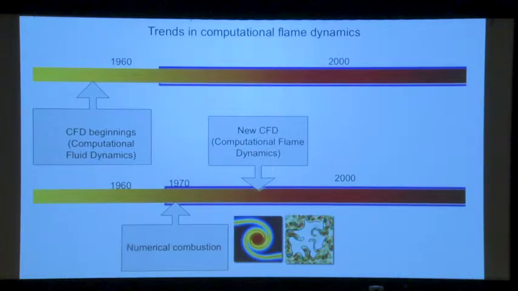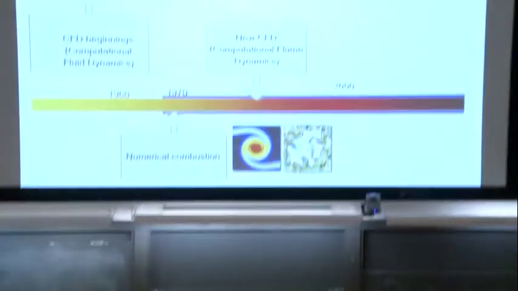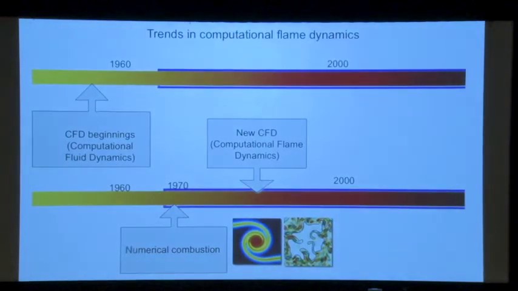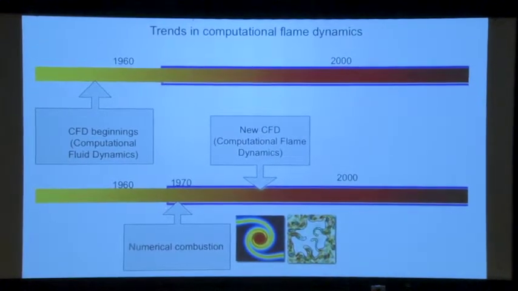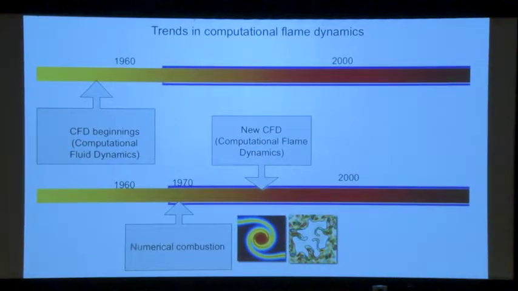And it has continuously improved. At first we were just able to do two-dimensional calculations, and later on we did multiple three-dimensional calculations. In combustion, it's even more difficult, because you have to handle the reaction. How do you handle reaction?